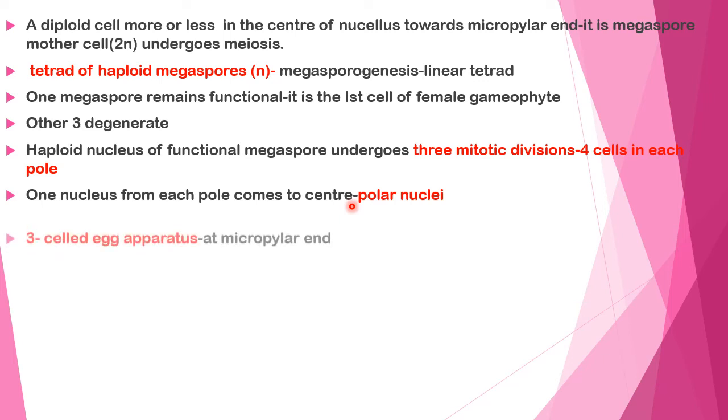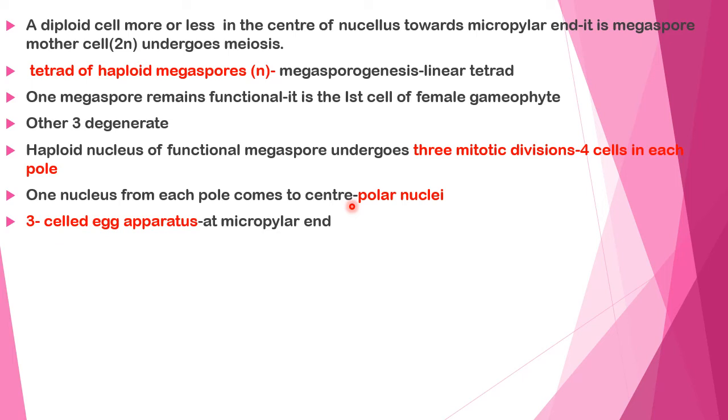Now at each pole, what will be there? At one pole there will be an egg apparatus, an egg at the center with 2 synergids on either side, at the micropylar end of the ovule. And 3 antipodals will be at the opposite end, the chalazal end, and 2 polar nuclei.